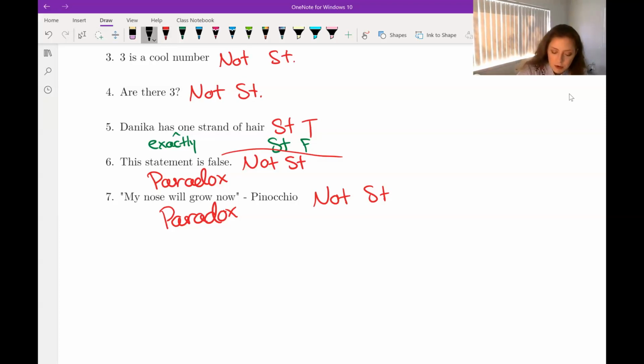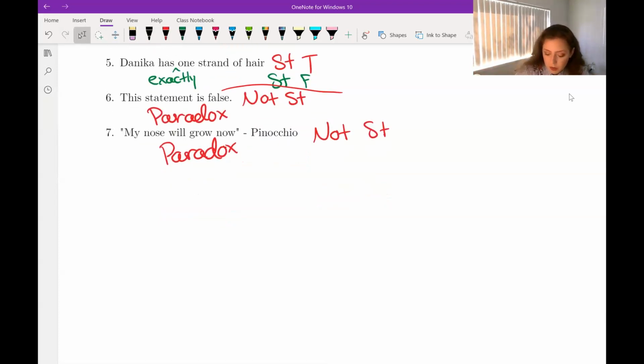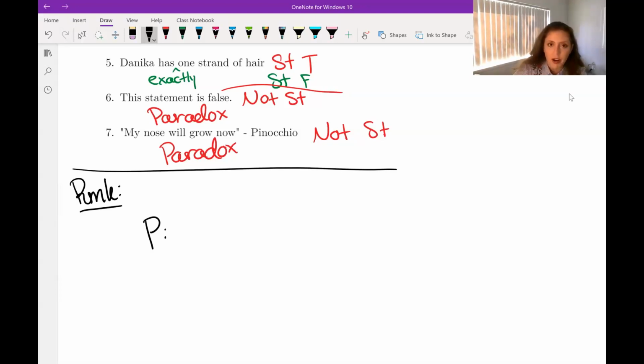So I'm going to make a remark. When we talk about statements, we don't always want to rewrite the whole sentence or sentences every single time. So instead, what we can write is we can say P, so remark. That's my shorthand for remark. It's supposed to be an RMK. So usually we use capital Latin letters.